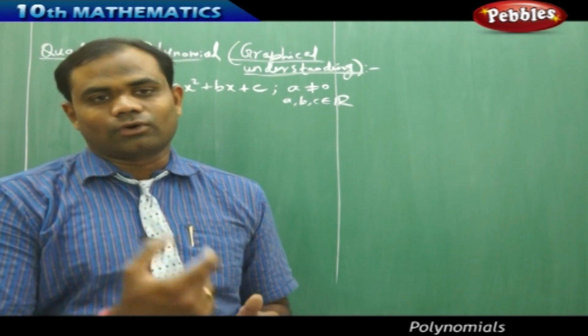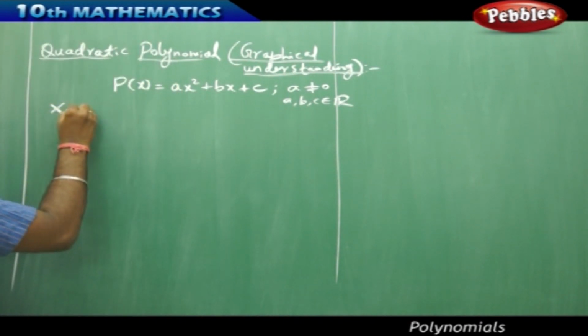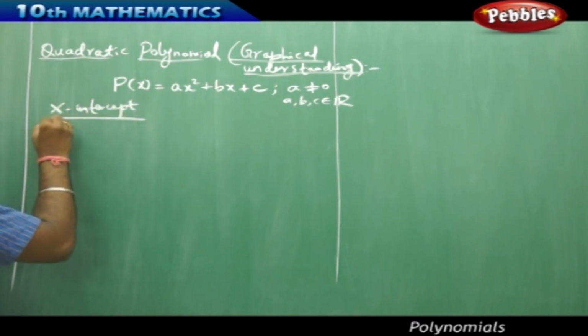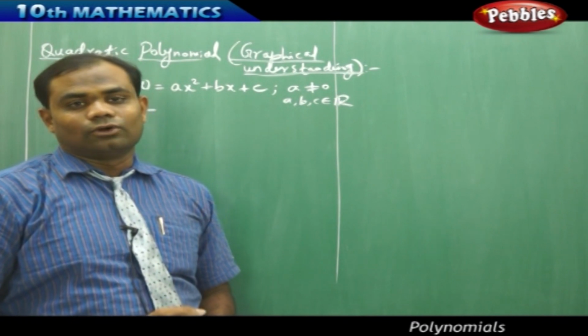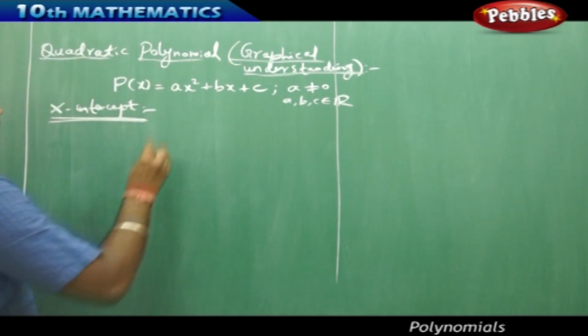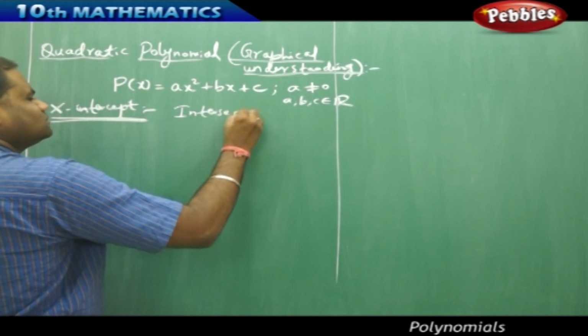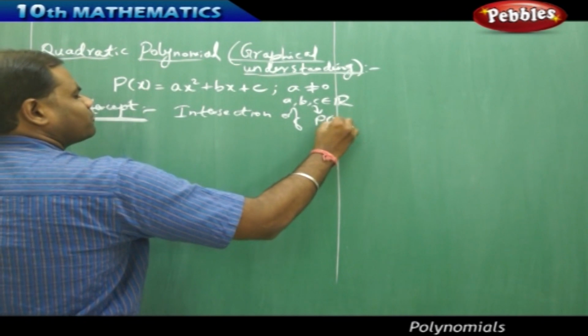Similarly, it holds for any polynomial considered. So here my x-intercept is what I need to find before I graphically draw the quadratic polynomial. So the x-intercept is the intersection of this equation p of x.